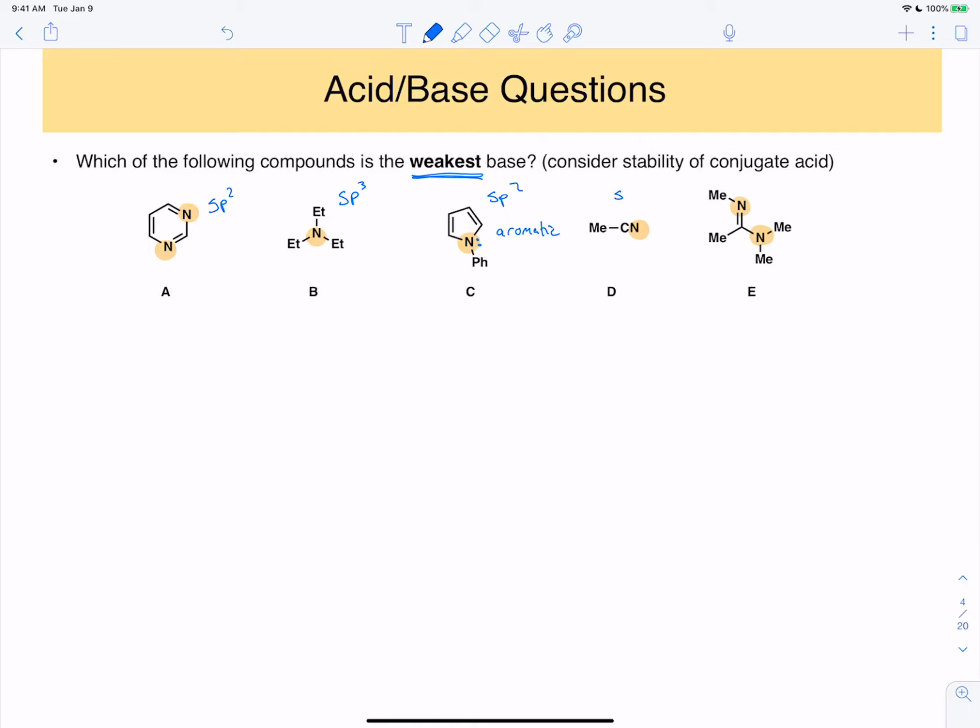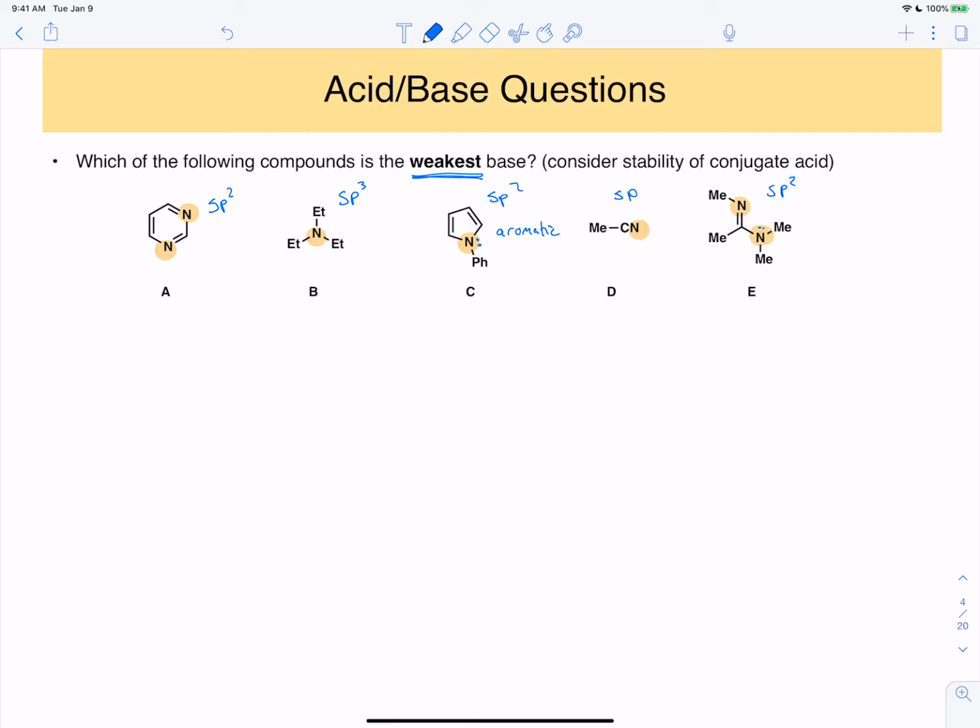We have acetonitrile, which is sp, and E, we have this amidine in which both nitrogens are sp2. Again, this lone pair on this nitrogen will be in a p orbital, so it can be in conjugation with the imine carbon-nitrogen bond. So already we're able to determine the weakest base of all of these just from this first hybridization analysis.